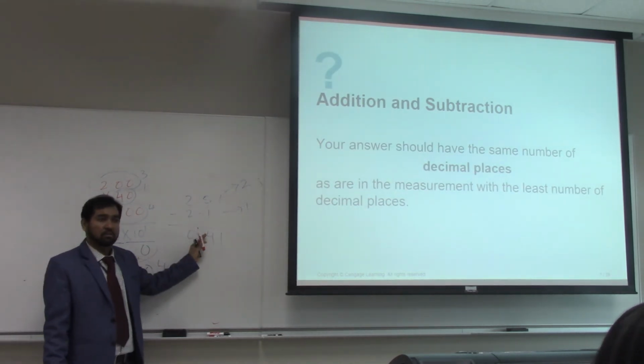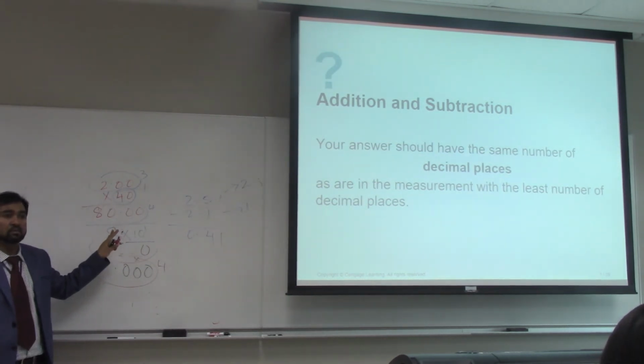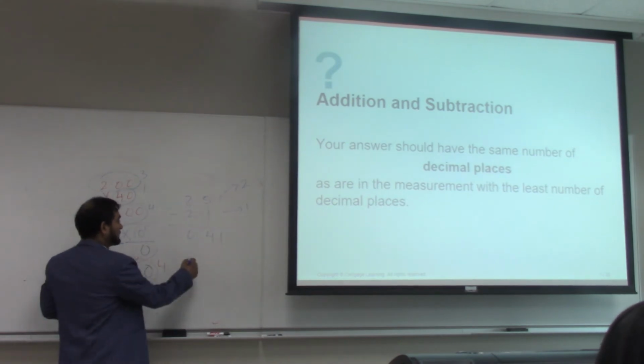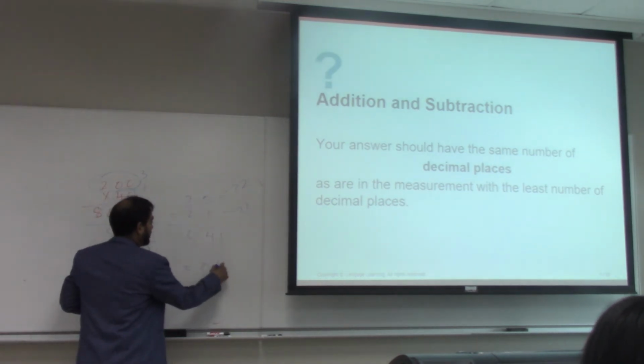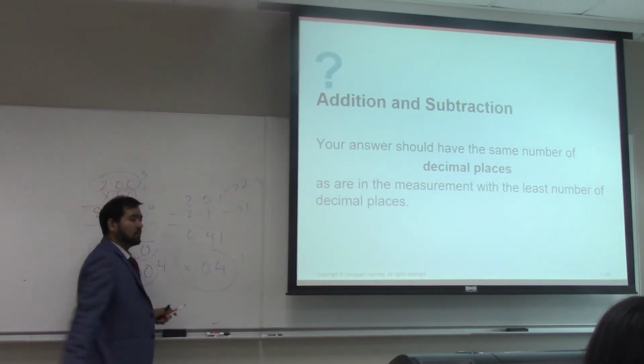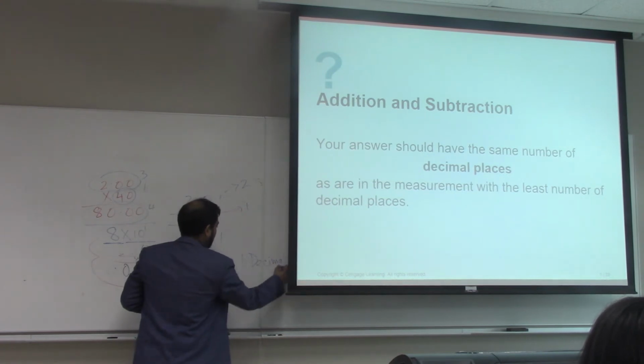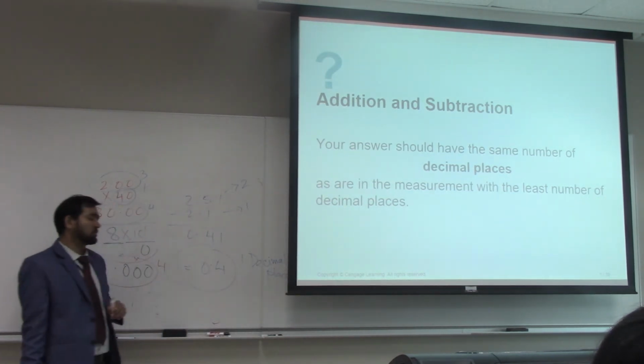So you actually have 2 sig figs, but we don't count that way. We don't look at sig figs, we just look at decimal places. So the answer would be 0.4. That would be the right answer because it still has 1 decimal place.